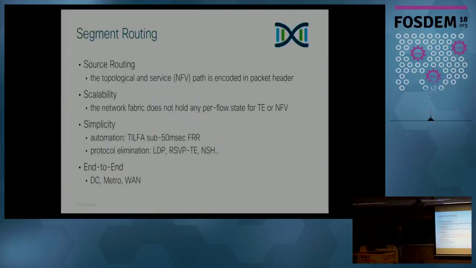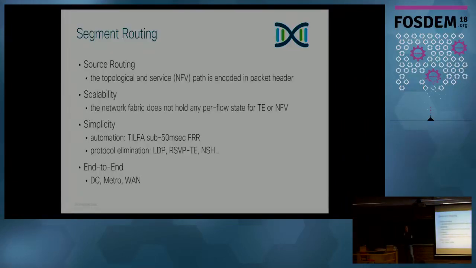So what is segment routing? The idea behind segment routing is that we leverage the paradigm of source routing. What does this mean? Instead of programming all the routers in the network, on the head end we add the list of segments that a packet has to traverse through the network.